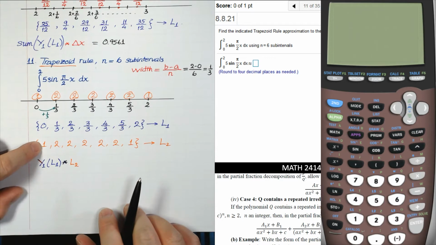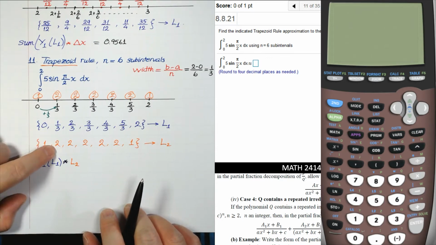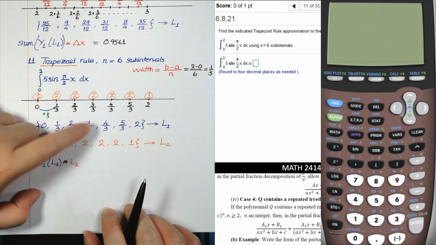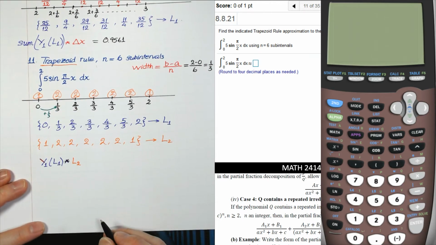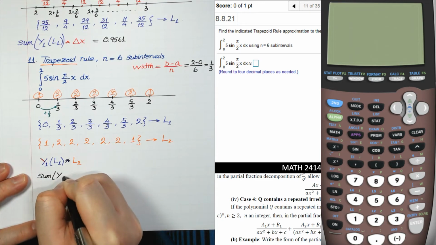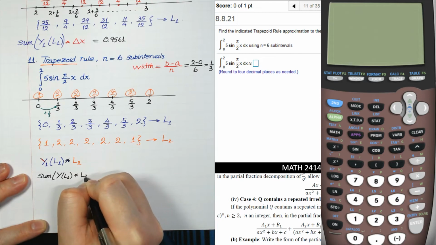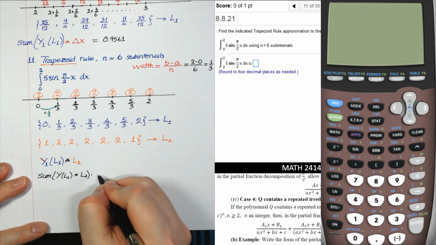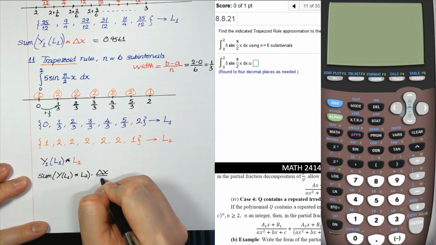So that means 1 times the value of the function at 0, 2 times the value at 1/3, 2 times the value at 2/3, and so on. After that, we take the summation, and then multiply by, remember, trapezoid rule, delta x divided by 2.